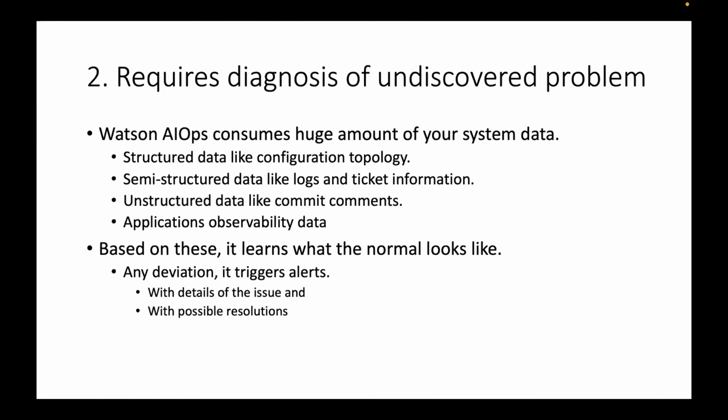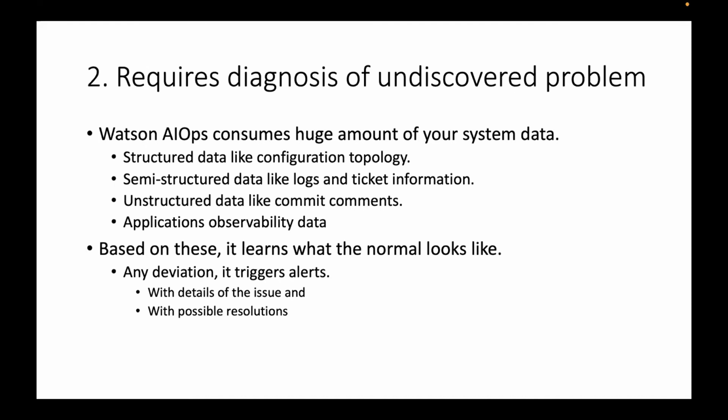There are multiple sources of data it has collected, be it structured, unstructured, or semi-structured, coming from application observability data, some monitoring tools, and so on. It collects from all these sources, does some processing, and based on some ML, so it's machine learning programming, it understands what the normal behavior is.